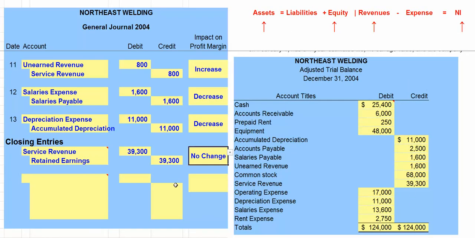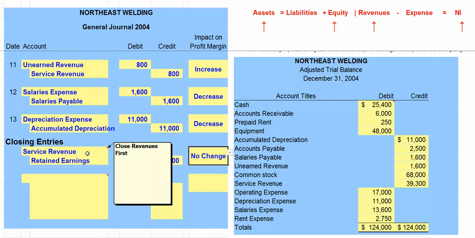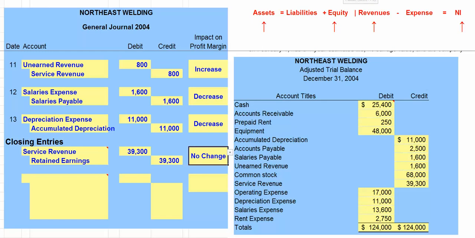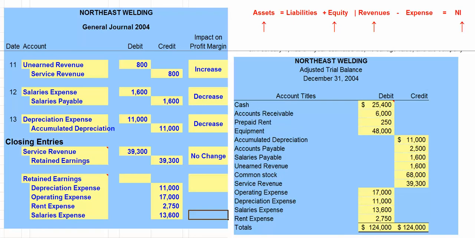So we had a $39,300 debit to service revenue and a credit to retained earnings. And of course, this has no impact on our net income. And for our expenses, we will debit retained earnings and credit depreciation expense for $11,000, credit operating expenses for $17,000, rent expense for $2,750, and salaries expense for $13,600.